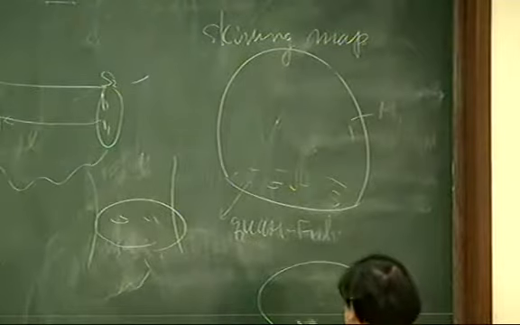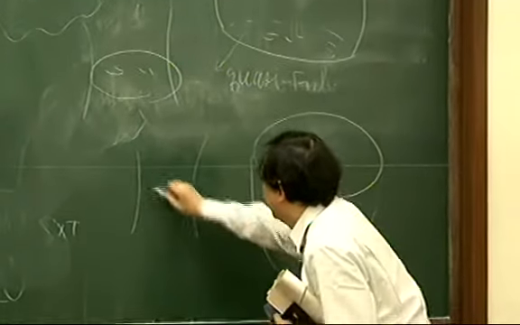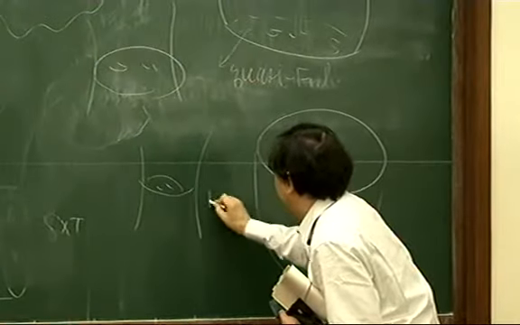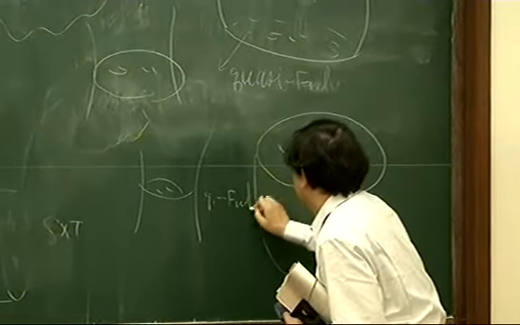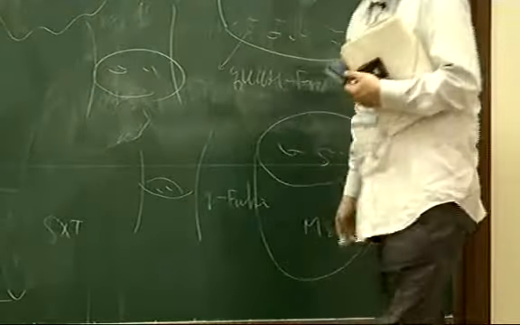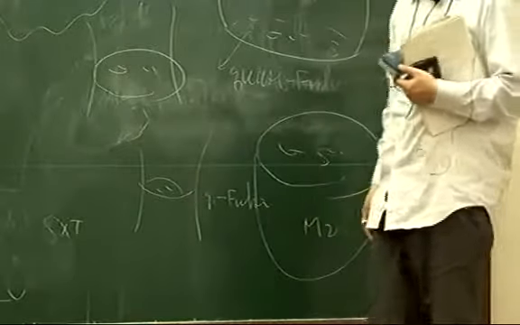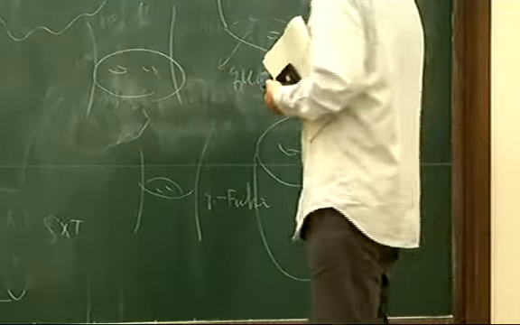And down here, you also have a quasi-Fuchsian. So from M2, you get another quasi-Fuchsian. So we'd like to make them the same. Okay.